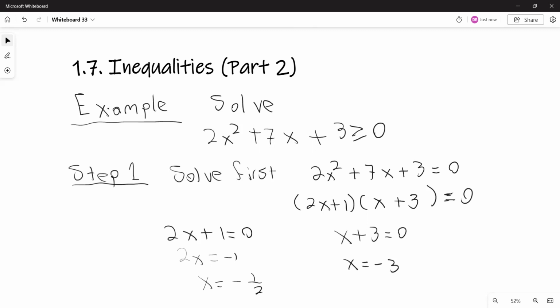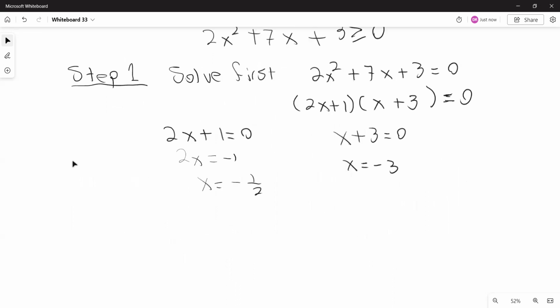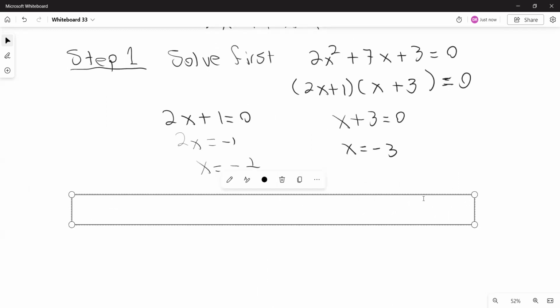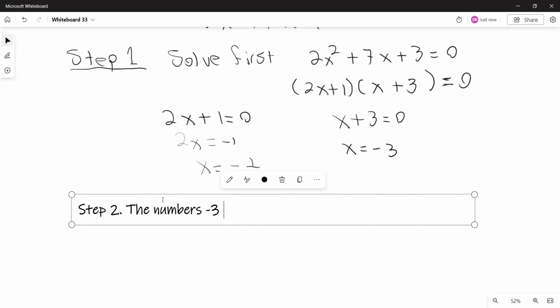That's going to give us 3 intervals. In the second step, the solutions of the associated quadratic equation, -3 and -1/2, divide the number line into 3 intervals.